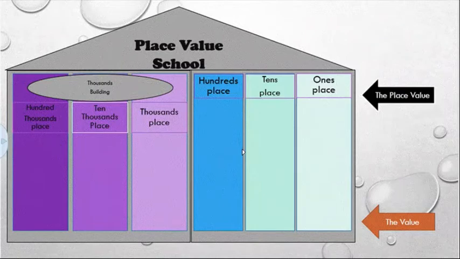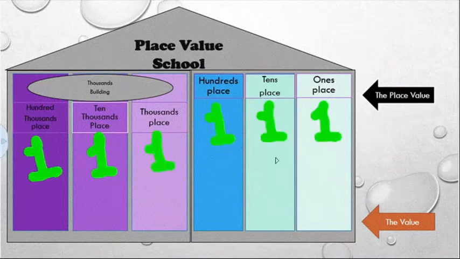In the first building, for the lower value of digits, we have ones, tens, hundreds. And in the higher grades, or the higher value of digits, we have the same names of the classes, but we only add the name of the building to it. So we have here also 1,000, 10,000, 100,000.